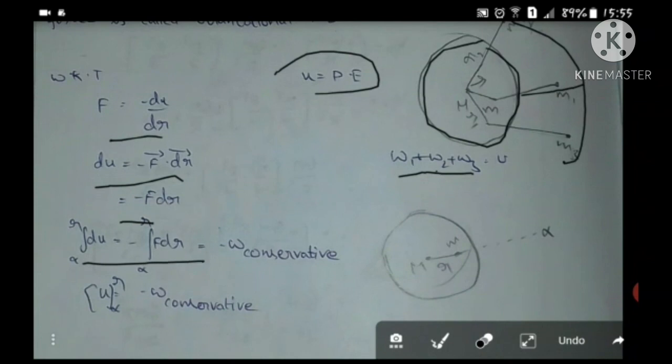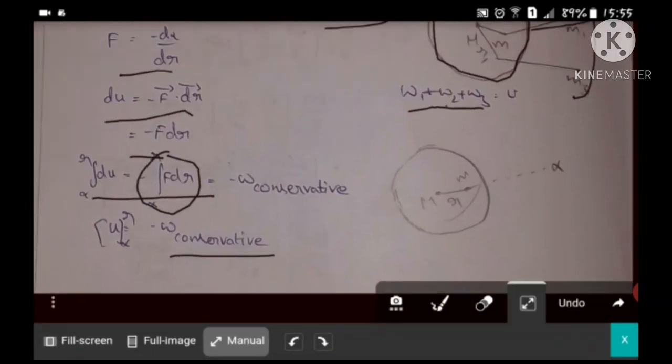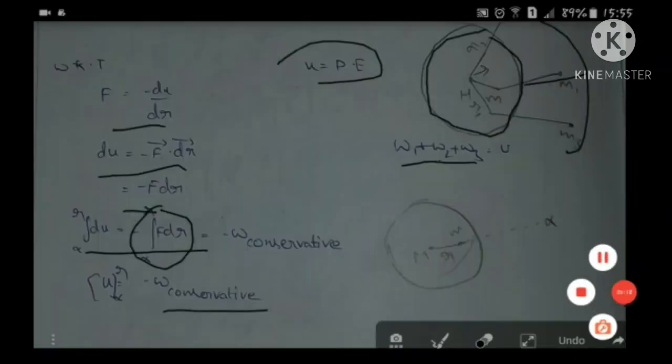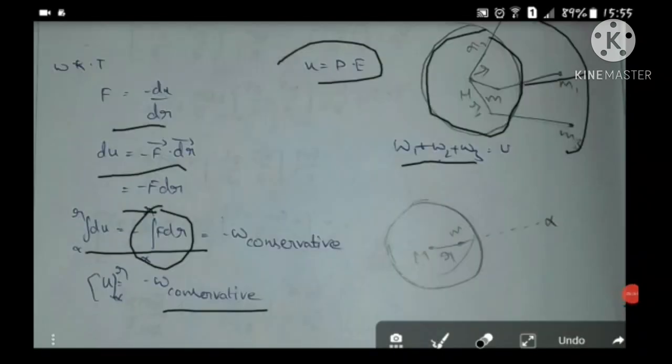Here we write integral infinity to r dU is equal to minus integral infinity to r F dr, which is equal to minus W conservative. So U limits infinity to r is equal to minus W conservative, that is, U(r) minus U(infinity) is equal to minus W conservative.